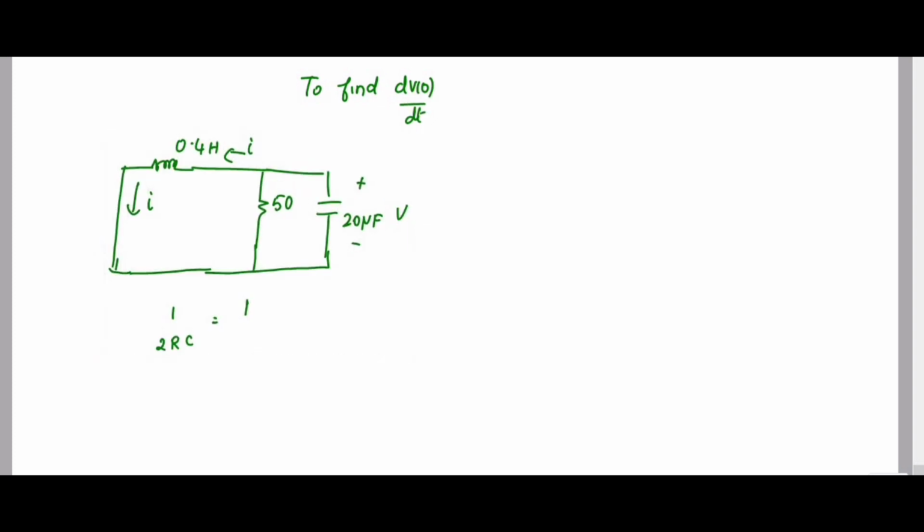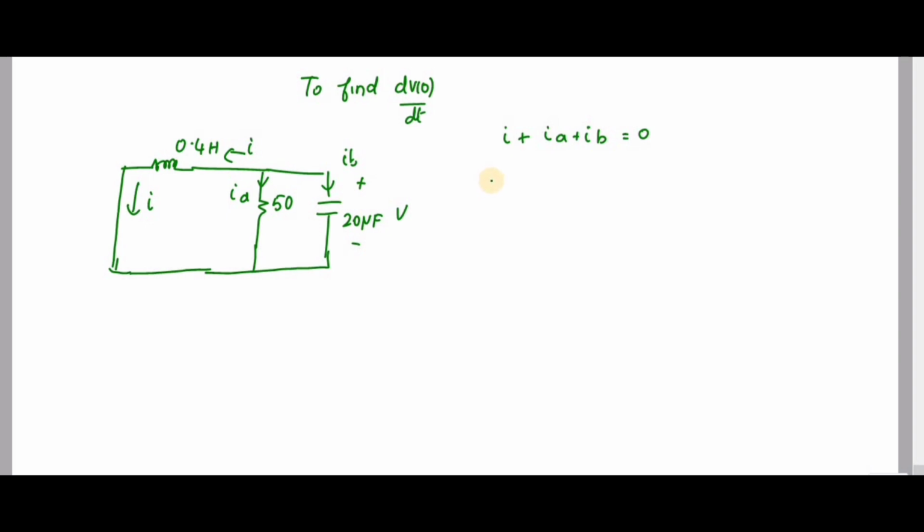And the current flowing through each one is different. So I can apply KCL. All the currents are flowing in this direction. So I can write this as IA and IB. So I plus IA plus IB is equal to 0, according to KCL.